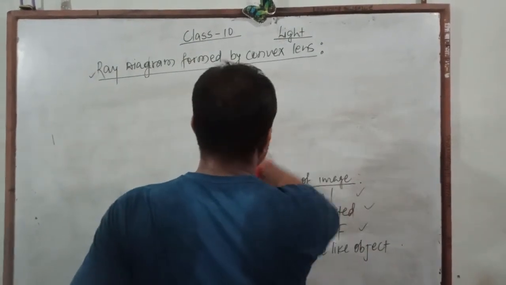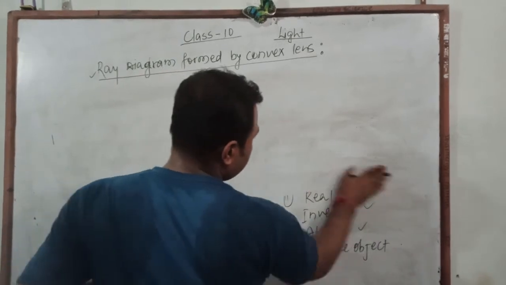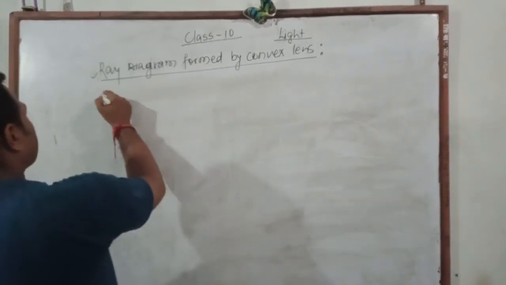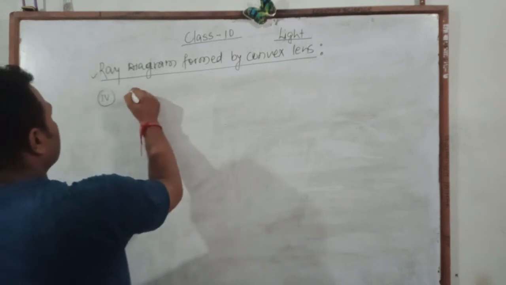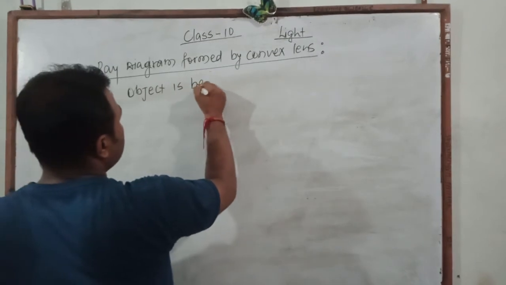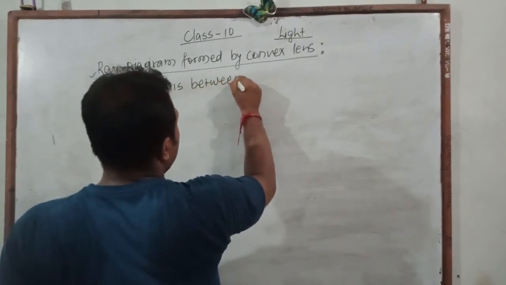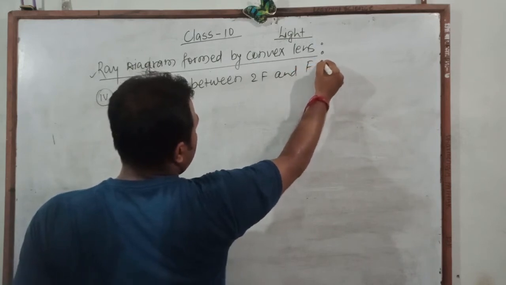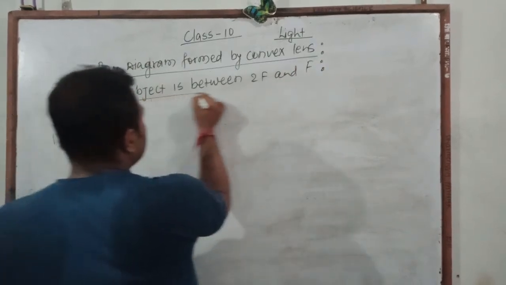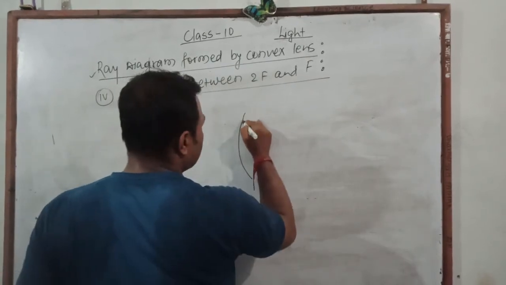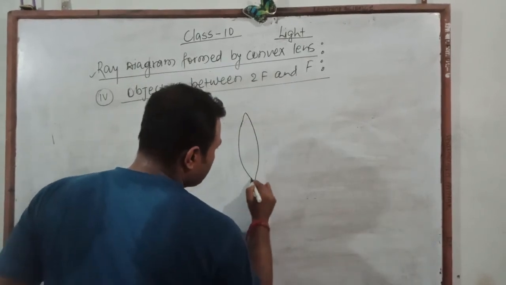We consider that the object comes more closer. The object is between 2F and F.